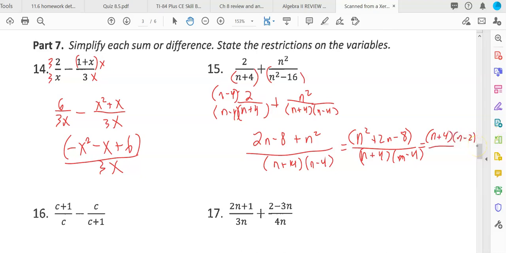I think that would work. N minus 2 over n minus 4. Again, if you need restrictions, n can't be 4 or negative 4. I think that's it. This one, x can't be 0 if you need restrictions.